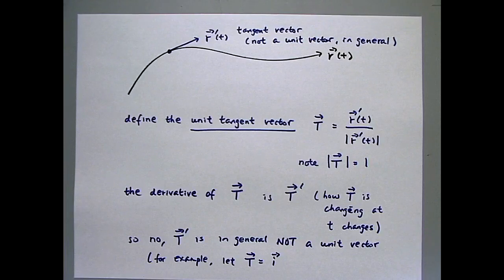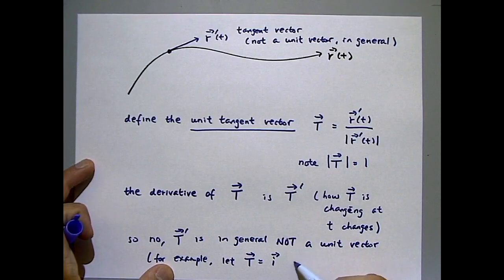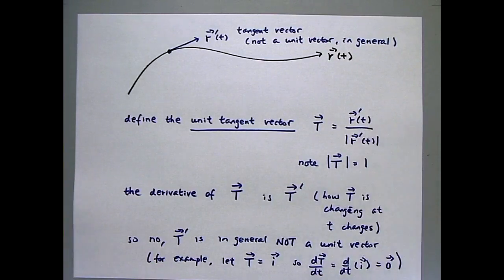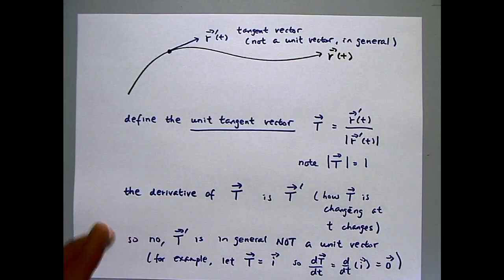And the derivative of i is 0. So the rate of change of T is the derivative of i, and it's a 0. A 0 vector, not a 0 scalar, right? Derivative of a vector is a vector, a 0 vector. So a 0 vector is a vector with all zeros, as you would expect.